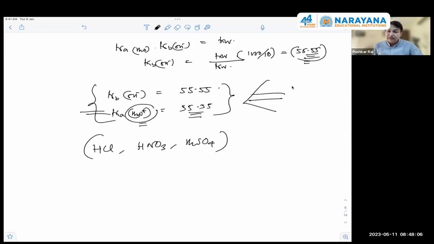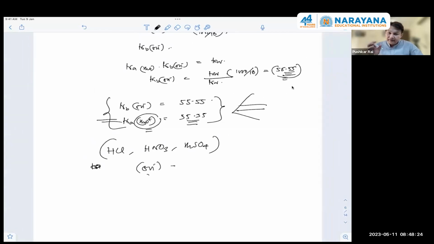So we consider them 100% dissociated. Any base which is stronger than OH negative will be considered what? 100% dissociated in water. Clear? So I have given you the context why I love this K of water, because I can quickly compare.